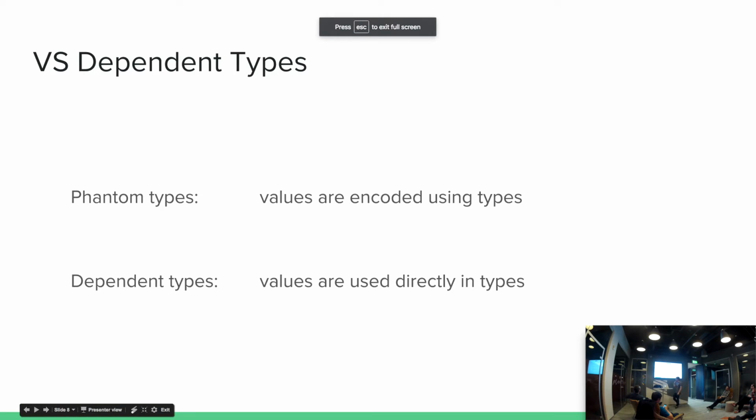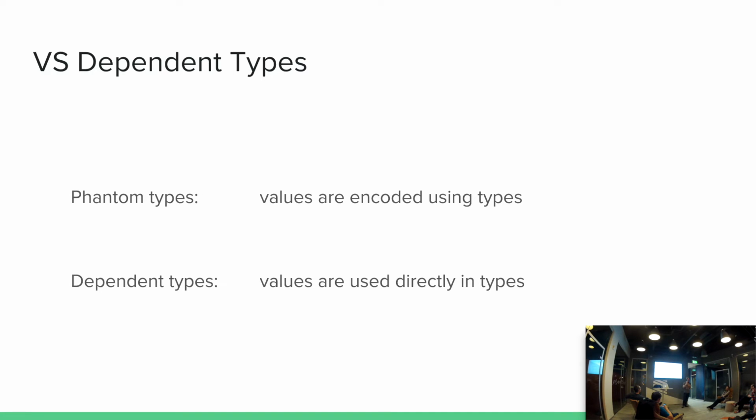And so yeah, then what is the distinction between, like how do these approaches rival dependent types? Because as we've seen there, you can actually approximate values as types using phantom types. And for those of you familiar or unfamiliar, dependent types essentially allow us to use values at the type level to do similar things.